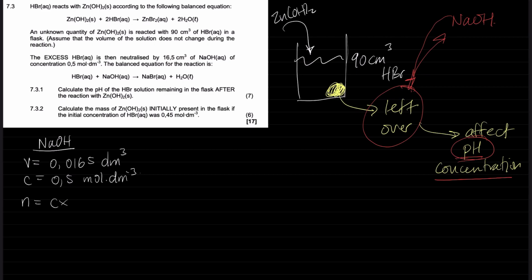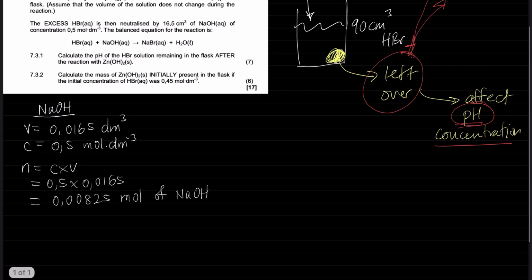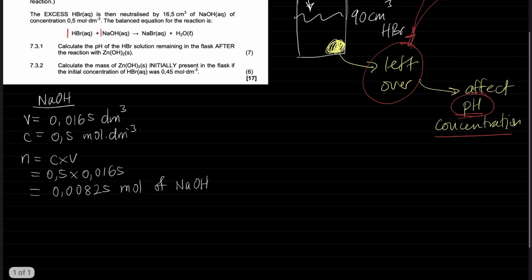Number of moles is equal to C times V, 0.5 times 0,0165, and that gives you 0,00825 moles of NaOH. Now, if we take a look at the mole ratio between the NaOH and the HBr, the mole ratio is 1 to 1.